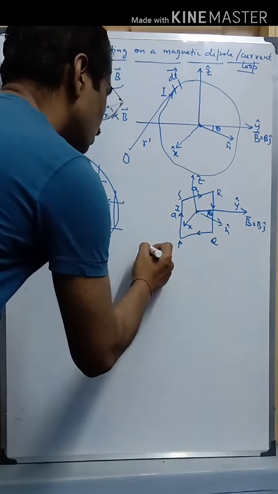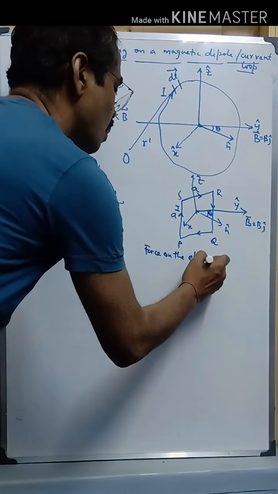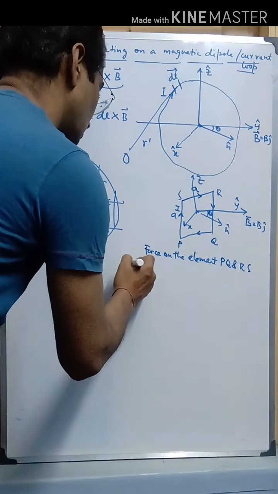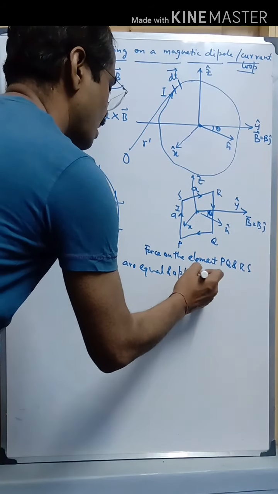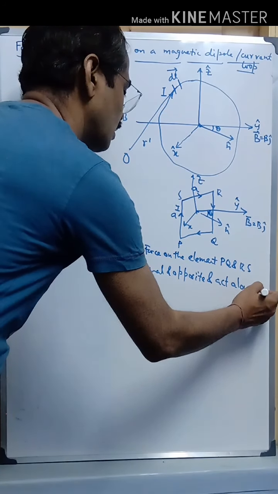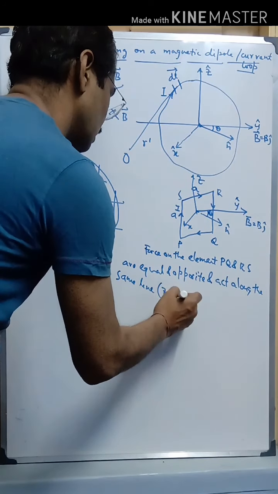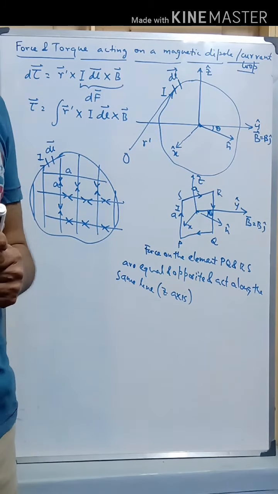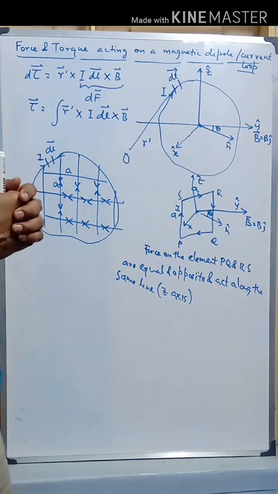So the net force is zero, and no effective torque is acting due to the sides PQ and RS.